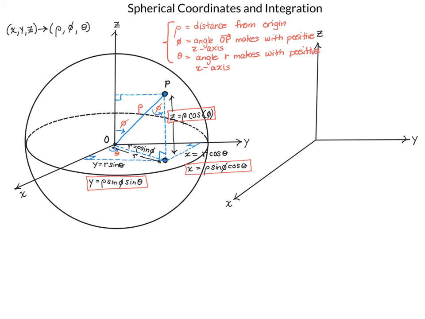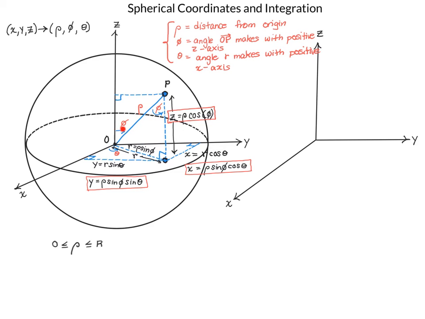So if we look at our limits of integration, let me get my pointer here. Rho reaches out and goes from 0 up to the point, which we could call capital R. So I can say that rho is between 0 and capital R, and phi starts at the z-axis and rotates down this way.